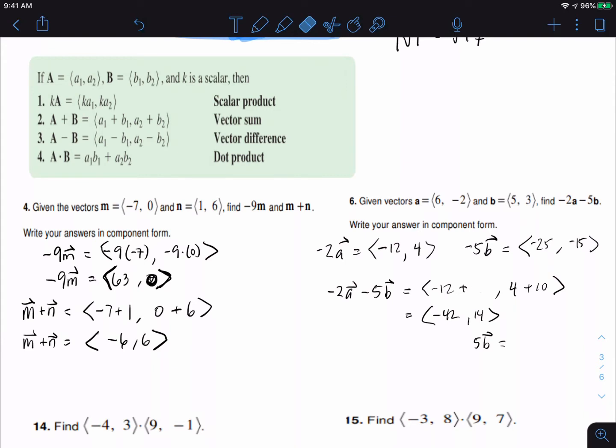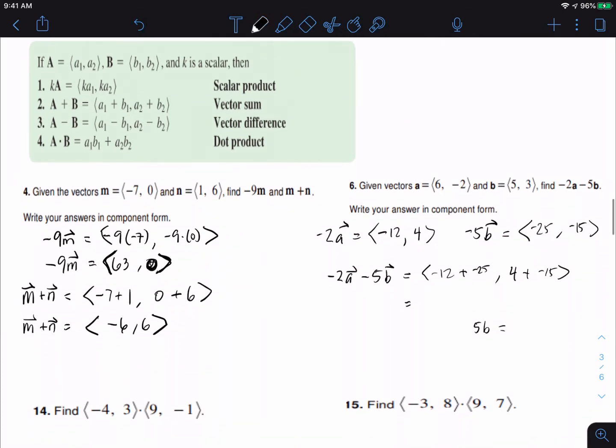Do you guys see where I made the mistake? Yeah. Thank you, Oscar. I multiplied with a and not with b. So that would have been a negative 25, and this would have been plus a negative 15, which would have changed my result here. So that would have given me a negative 37 and a negative 11. Right? Okay, good.